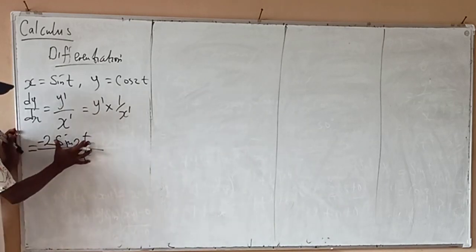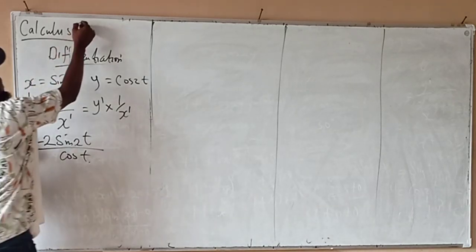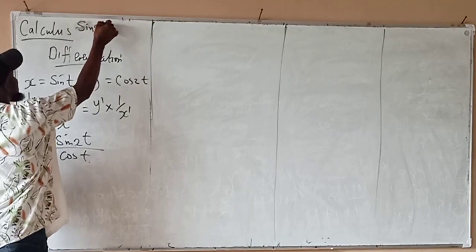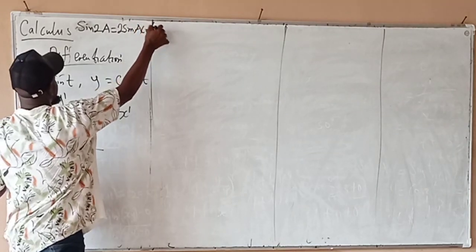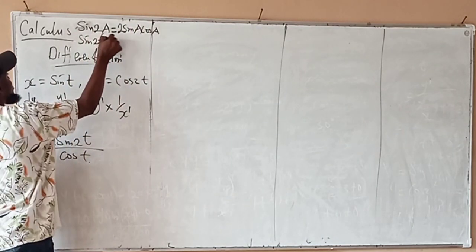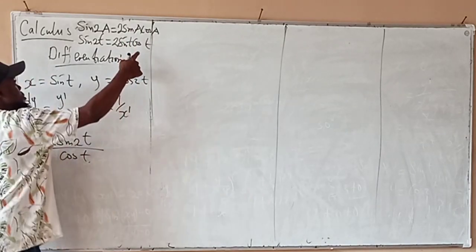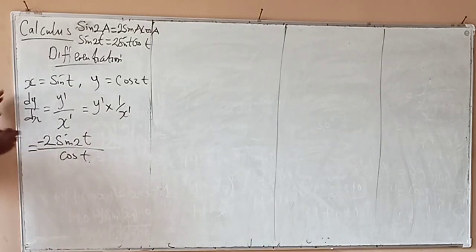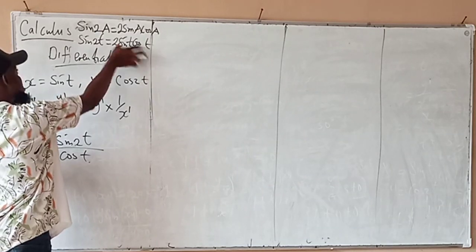But from trig functions, sine 2 theta is equal to 2 sine theta cos theta. For example, sine 2a is 2 sine a cos a. So sine 2t will be 2 sine t cos t. Why are we using this? Because this cos t can cancel out the denominator, which is cos t. So instead of using sine 2t, I will just use 2 sine t cos t. These are the same thing.